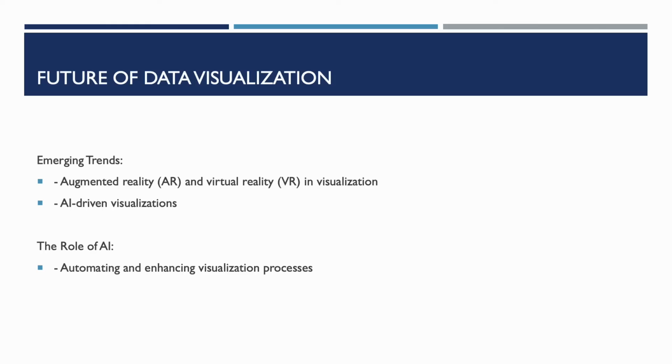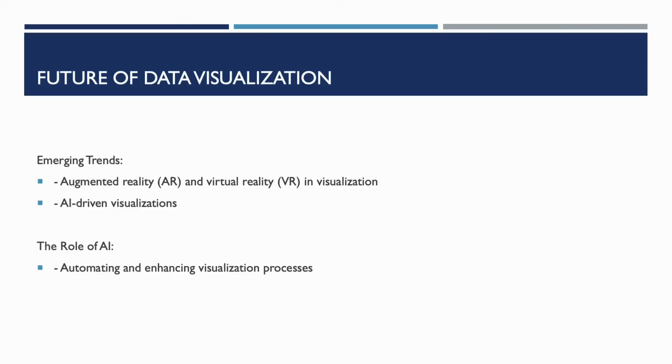And these are the future of data visualization, like emerging trends. As we already know, AR and VR, that means augmented reality and virtual reality in visualization, are the future. And AI-driven visualization, meaning using artificial intelligence, is our future.